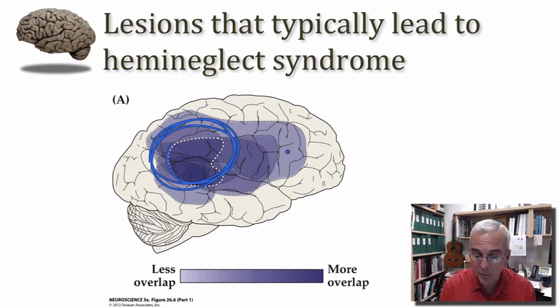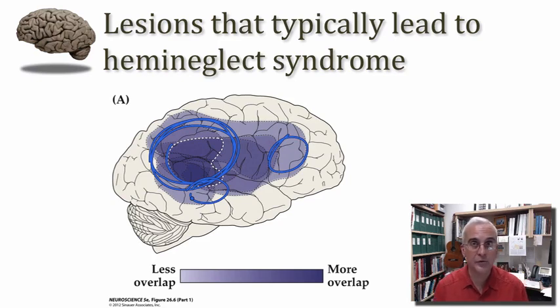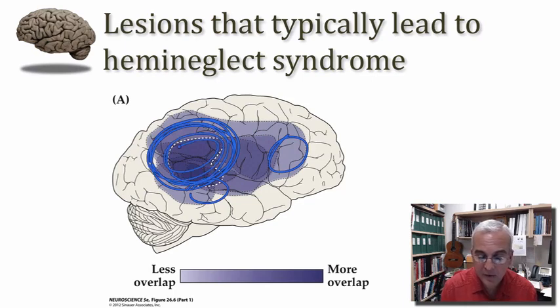Indeed, one might have damage to the frontal cortex, perhaps damage into the temporal cortex that can be associated with hemineglect syndrome. But the most common network that is impacted with brain injury that results in the hemineglect syndrome seems to be focused right here in this inferior parietal lobule of the right hemisphere.